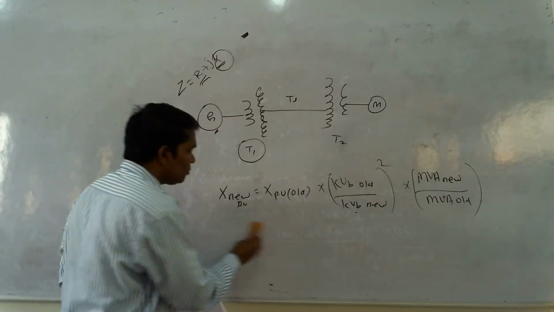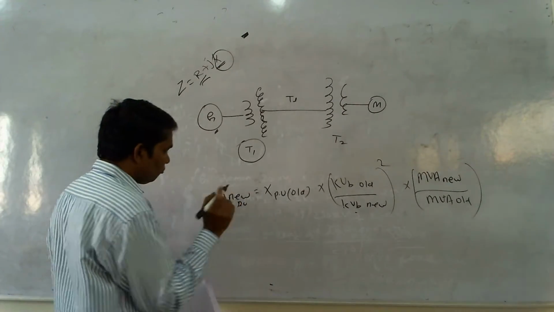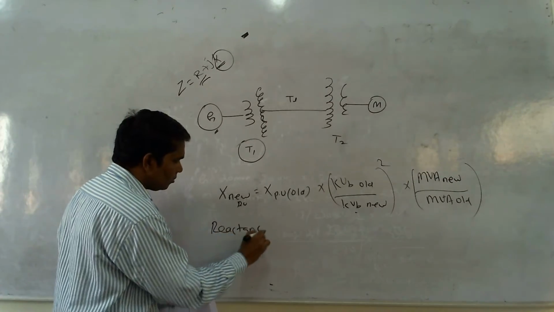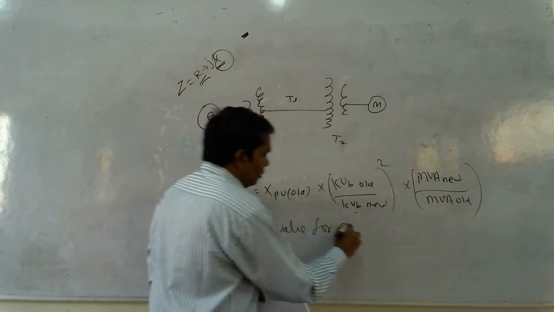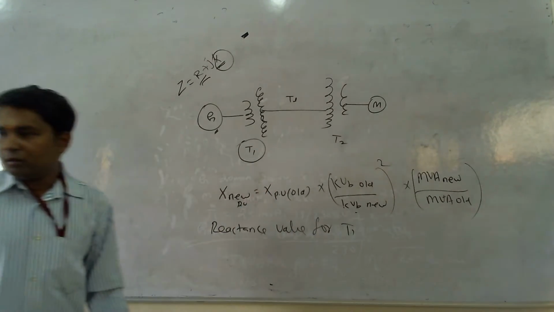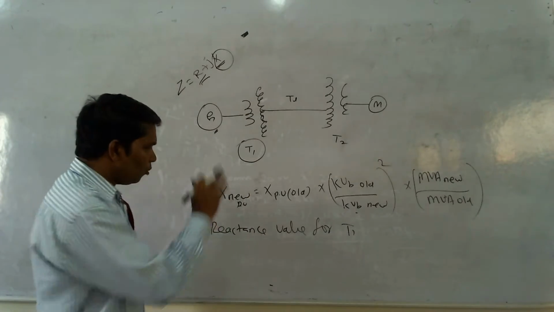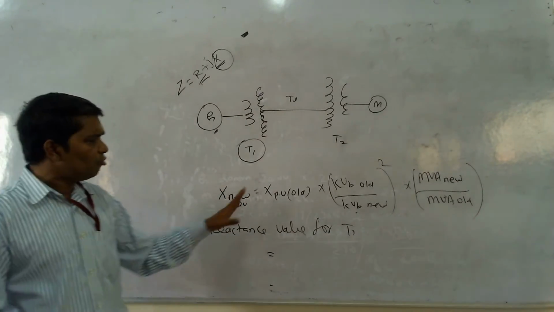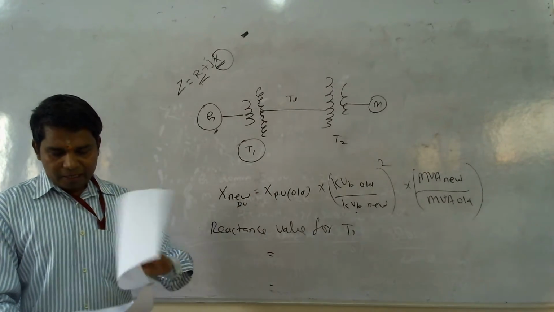Now we are going to calculate the reactance value for T1, the transformer 1. The formula remains the same, so we can easily substitute the values here, because we have the per unit reactance old value already given in the numerical.